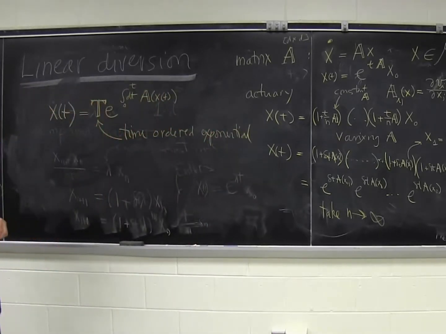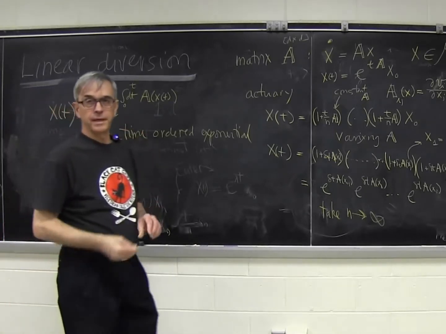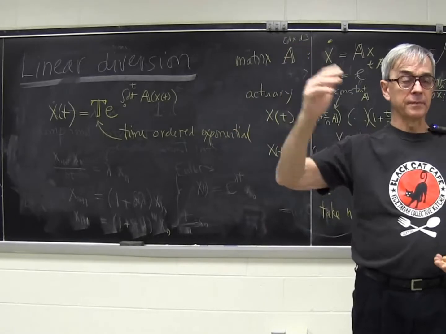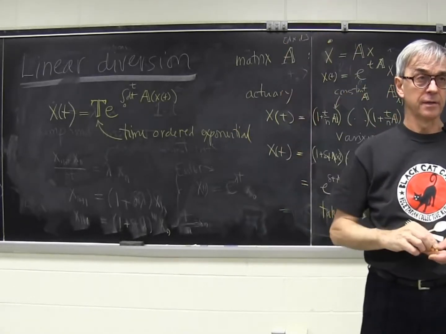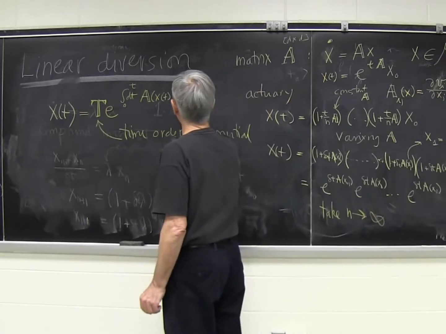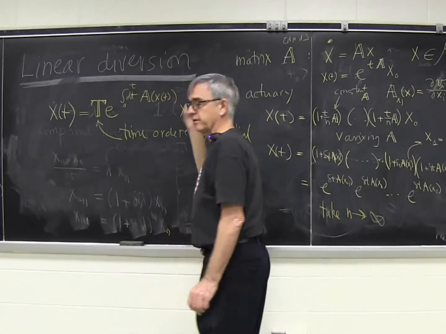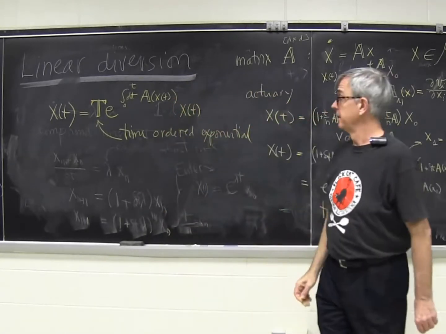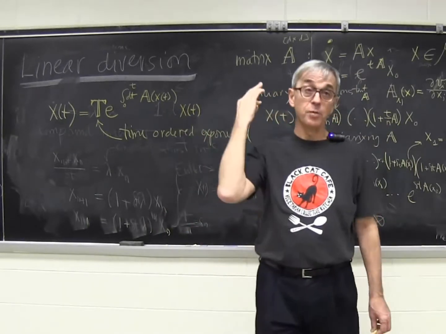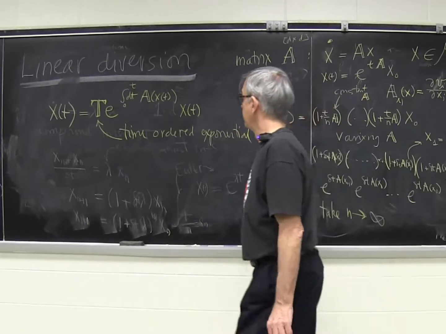So if you were ever mystified by time ordering in quantum mechanics, it's the same thing. Whenever you have a linear problem and your matrix is changing in time, in quantum mechanics, the linear problem is the state space, called Hilbert space. The initial state is a point in Hilbert space, so it's a complex vector rather than real.